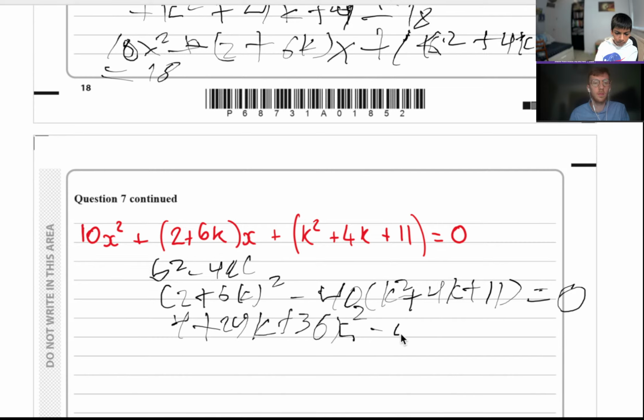So if we expand that out, we get this expression equal to 0.